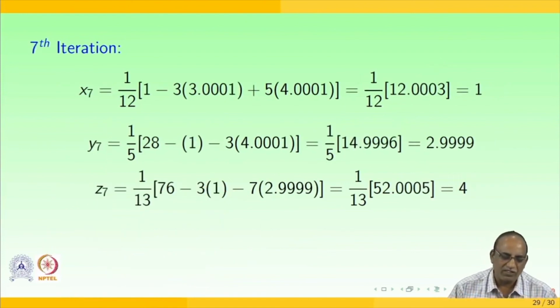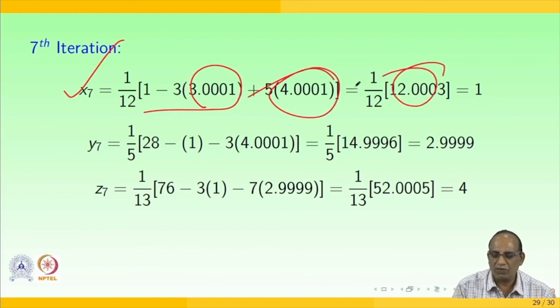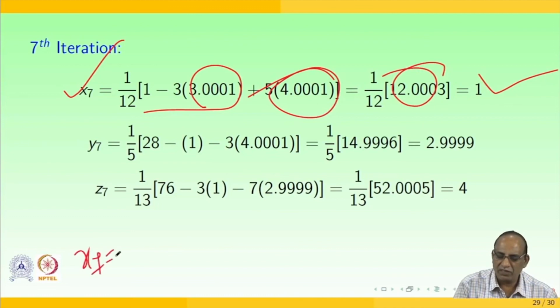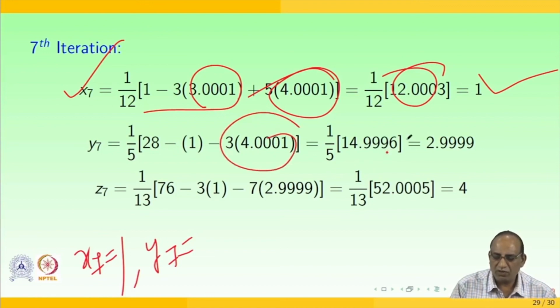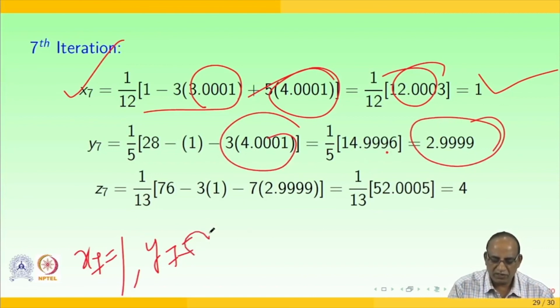Similarly, as a matter of curiosity, if you do the seventh iteration, 1 by 12 times (1 minus 3 times the previous value plus 5 times the previous value), which turns out to be 1, that means x7 is equal to 1. And y7 you do as 1 by 5 times (28 minus 1 minus 3 into 4.001), which is 1 by 5 times 14.9996, which turns out to be 2.9999, so y7 is approximately 3.0.